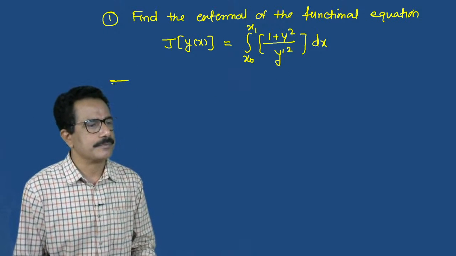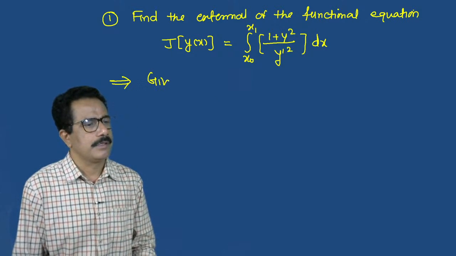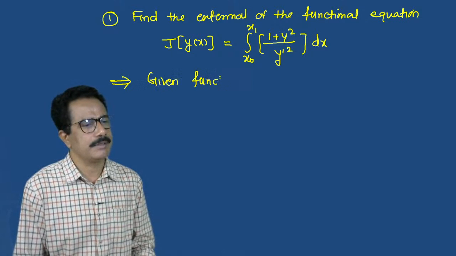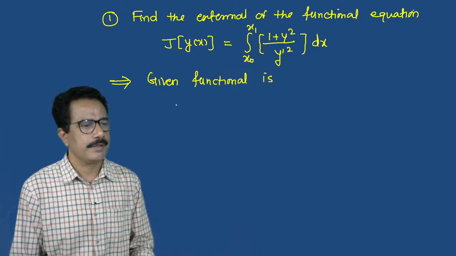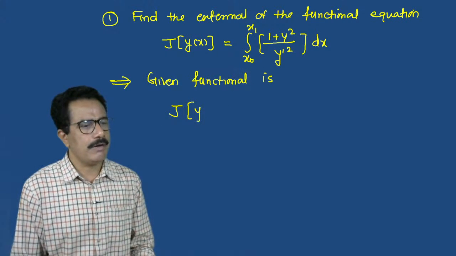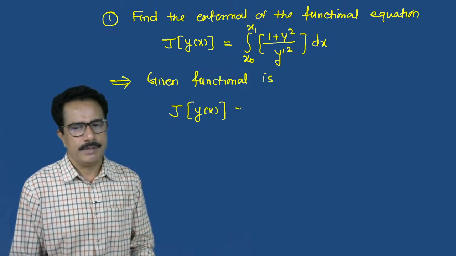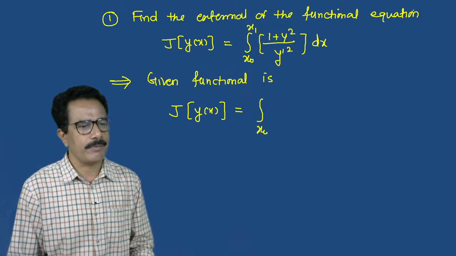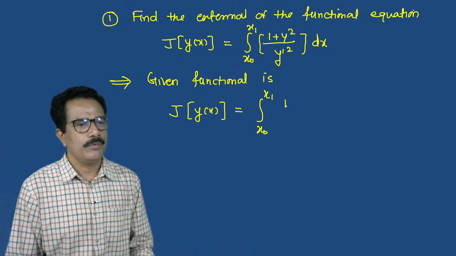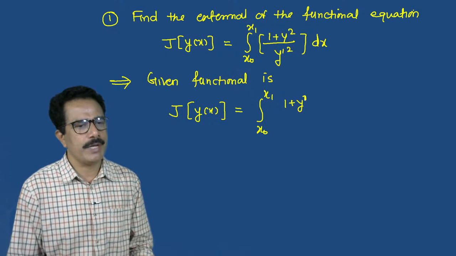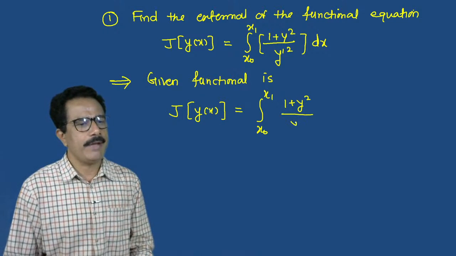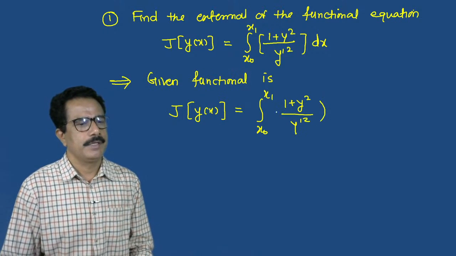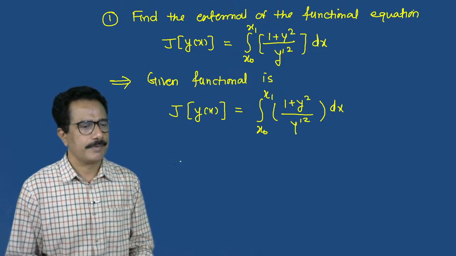Answer: given functional is j of y of x which is equals to integral from x0 to x1 of 1 plus y square divided by y dash square into dx.